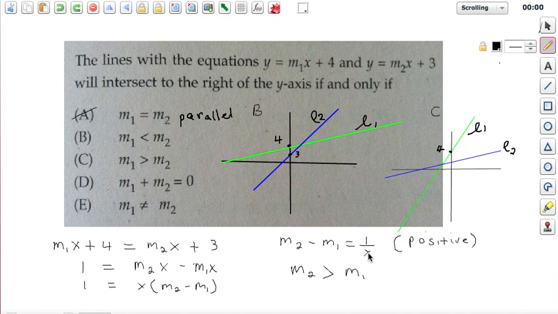You know that x value, whatever it is, is going to have to be positive. And to make that x value positive, you will have to have the slope m2 greater than m1. So you can figure this out or reason it out algebraically or graphically, but either way, you do have to think this one through conceptually. Let's move on to the next question.